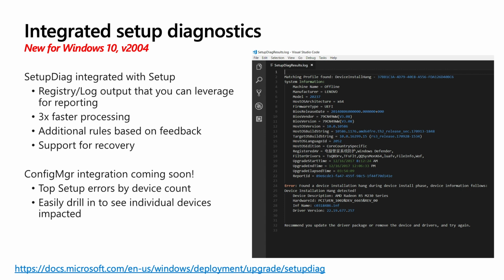Please see the documentation for more details on how it is integrated and where the output is logged. We are also working to integrate Setup Diag output directly into Config Manager, showing the top setup errors by device counts and easily allowing you to drill in to see individual devices that are impacted.